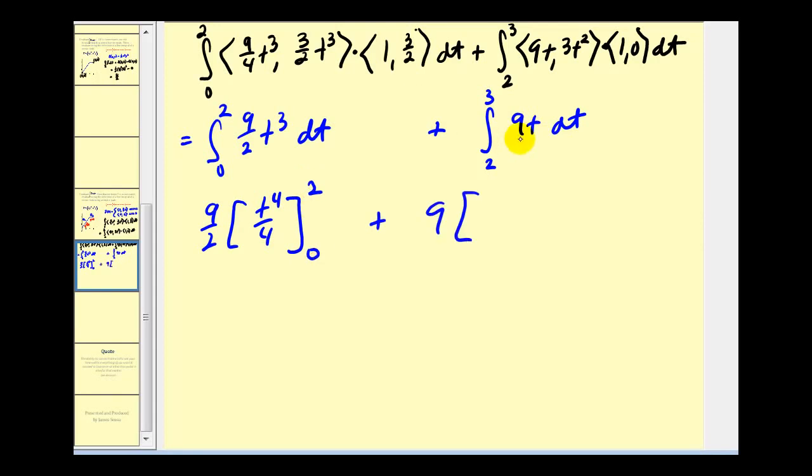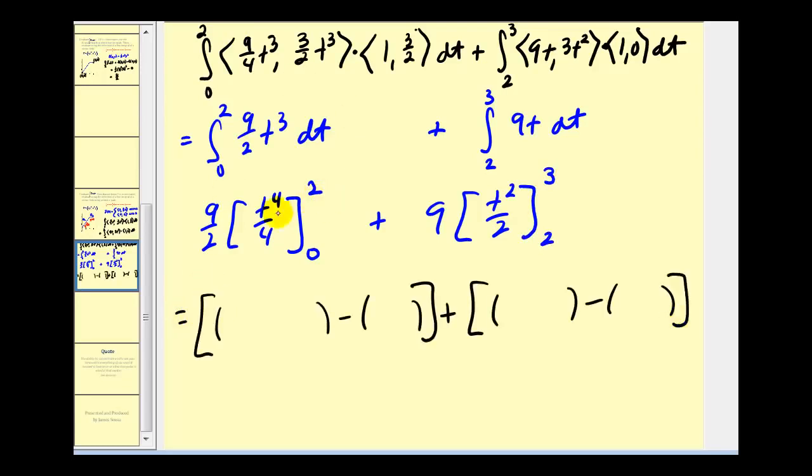Here we'll have 9 times t squared over 2. So replacing t with 2, we're going to have 16 divided by 4, that's 4. 4 times 9/2, that's going to be 18. And then when t is 0, we'll have 0.